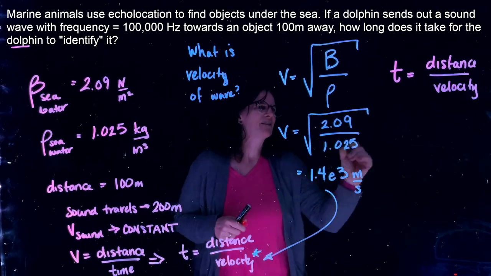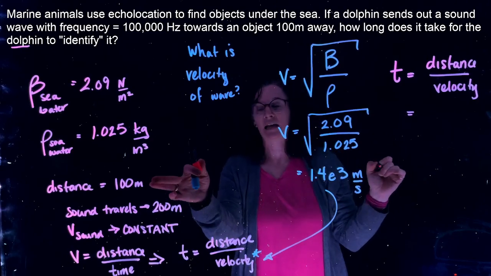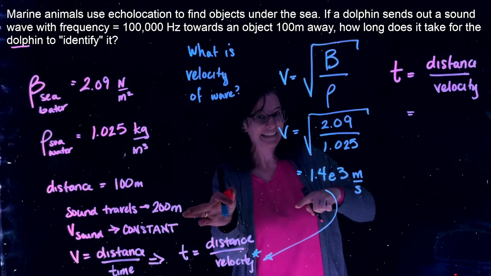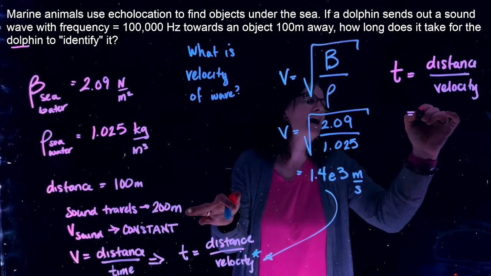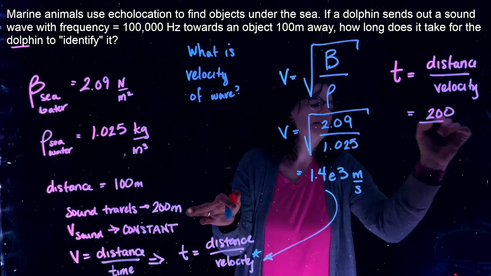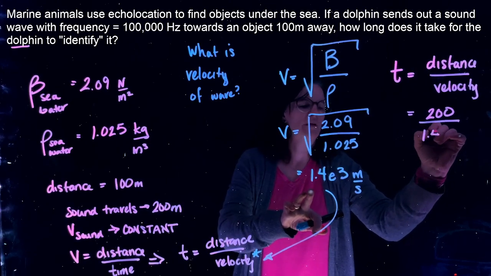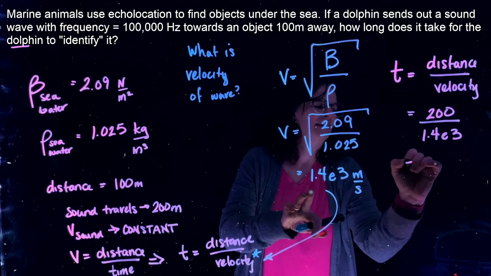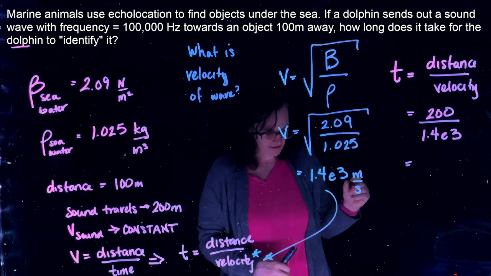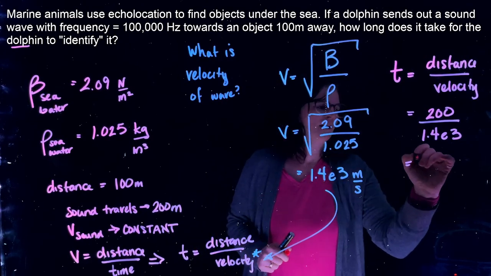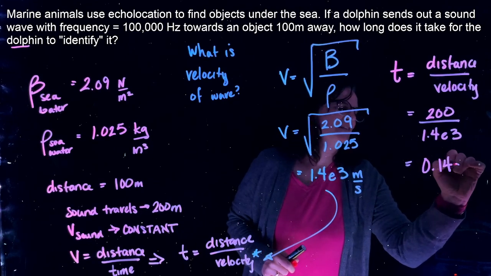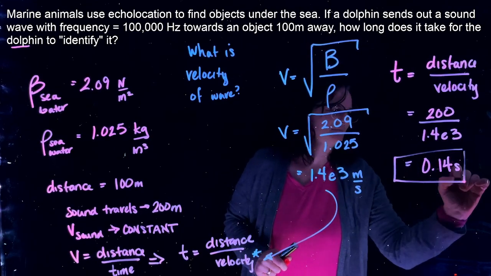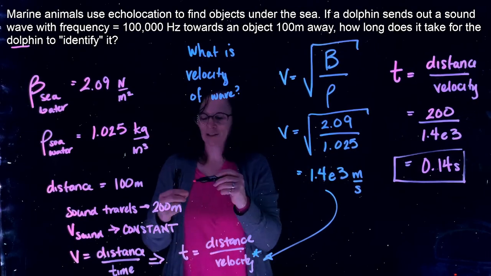All right, so my distance, we said the object's 100 meters away, but again, the sound has to get there and come back, so the distance is 200. My velocity is 1.4 times 10 to the third, and I get a time before that dolphin knows of 0.14 seconds. All right, so that concludes this problem.